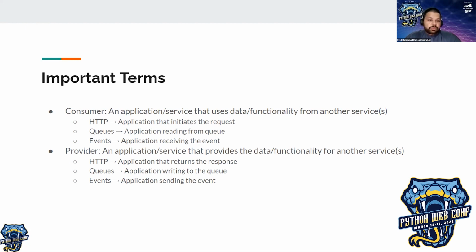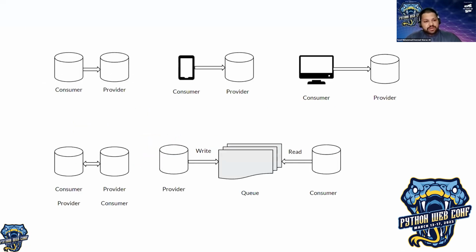What sort of consumer and provider can there be? We can have backend to backend communication between two backend applications, where one would be consumer and the other provider. We can have a mobile app as a consumer using the APIs from the backend. In that case, our application will be the consumer and the backend is the provider.